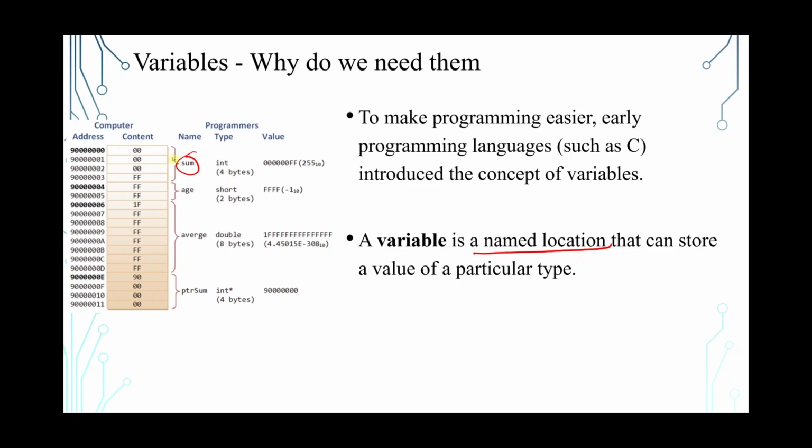Integer is a whole number. I used age to store something of type short. Short is also a whole number with smaller size. I use average for the average number of points in my class, and so on. So basically, using names is easier than using addresses or numbers.